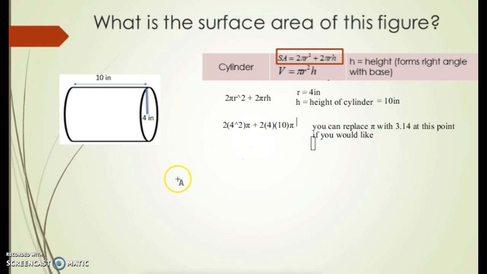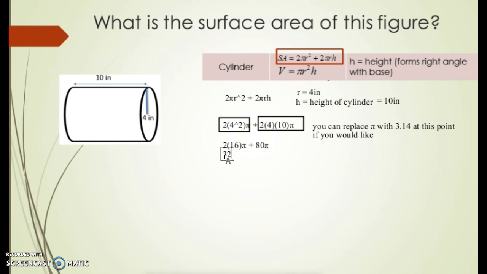The key here is that you have to do the exponents and the multiplication first before you can do the addition. So it's going to be 2 times 16, because 4 squared is 16, and again I'm leaving pi in there. And 2 times 4 times 10 is 2 times 4 is 8, times 10 is 80.